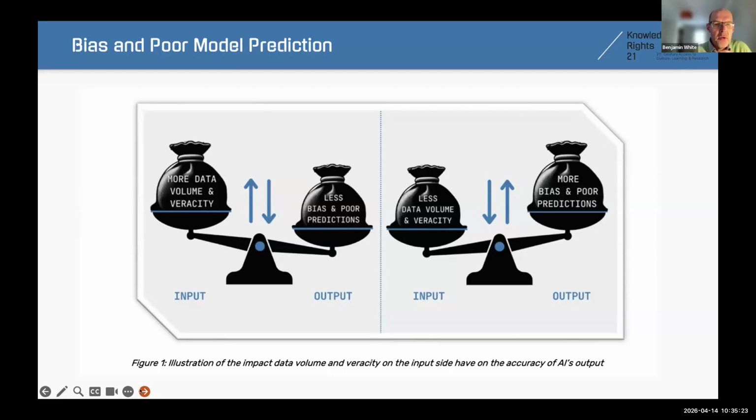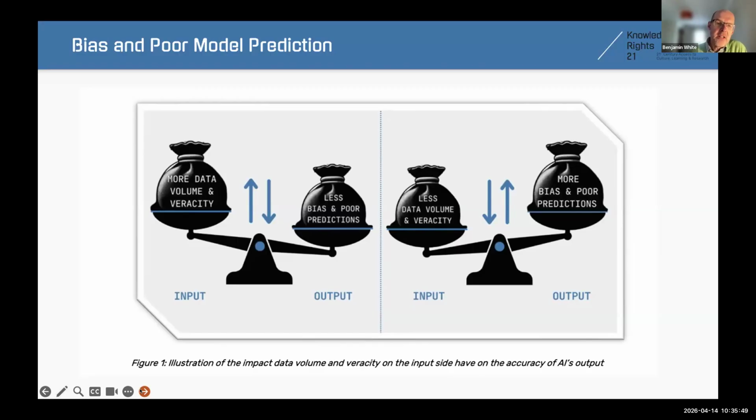And clearly, a model created in a system which has less content and less of the right kind of content, as we see in the UK and Europe, because you have to license materials, is not going to be as good, as accurate as a model created under a system like we see in the United States or Japan or Singapore or South Korea, other countries with more flexible systems.